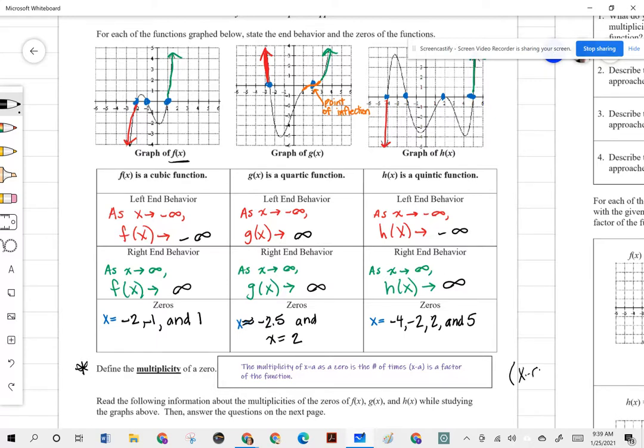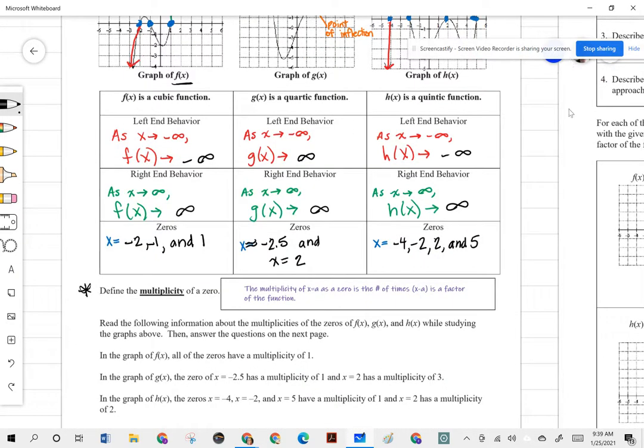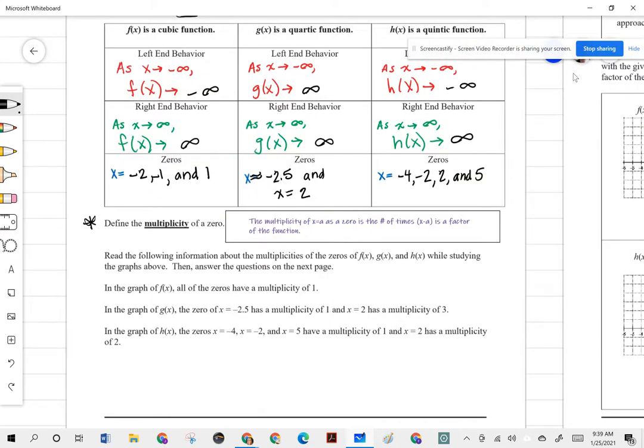So if I said x minus a to the third power, that's going to be a multiplicity of 3. All right. So now it says to read the following information about the multiplicities of the zeros of f of x, g of x, and h of x while studying the graphs above. Then we're going to answer the questions on the next page.